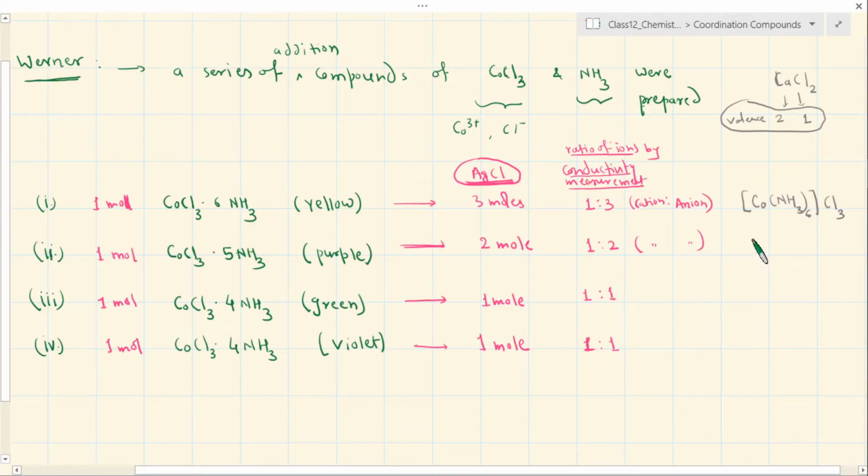For this it can be represented as [CoCl(NH3)5]Cl2. For this it can be represented as [CoCl2(NH3)4]Cl, and for this it can be represented as [CoCl2(NH3)4]Cl, exactly the same as this.